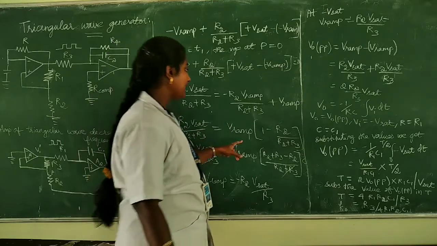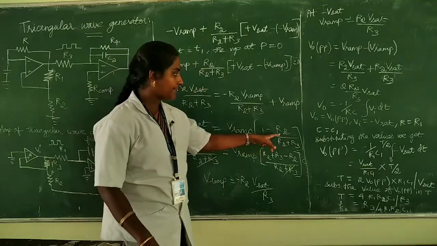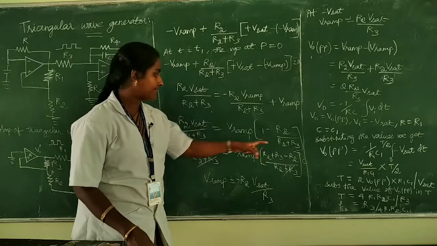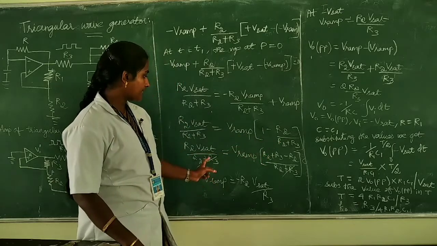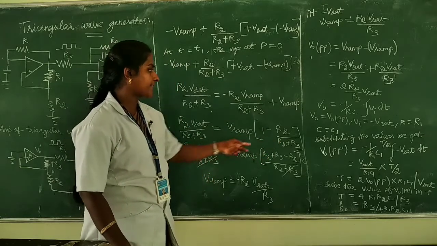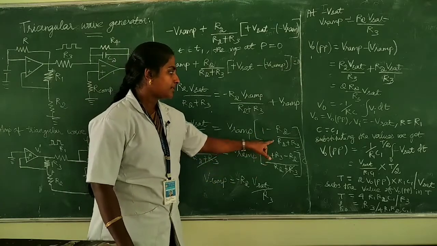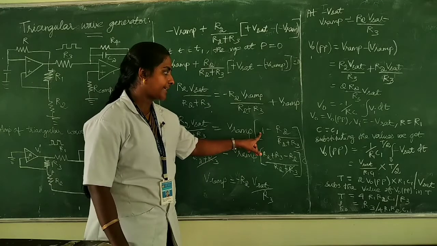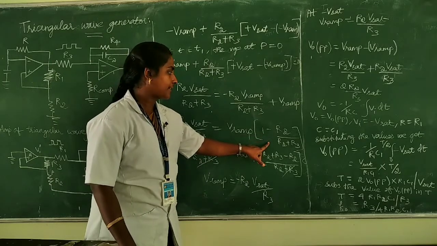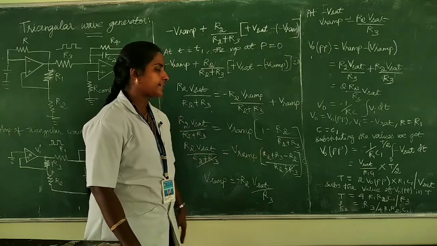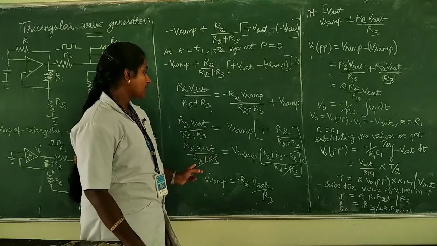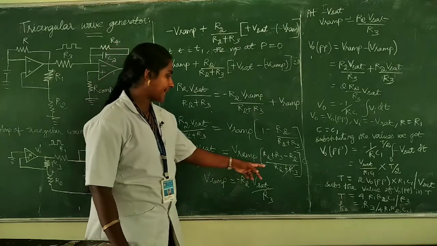So you will get V ramp is equal to 1 minus R2 divided by R2 plus R3 and R2 V saturation on the left hand side and right hand side. In the next step you take the LCM. So you will get R2 plus R3 in the denominator on both sides, so R2 plus R3 get cancelled.